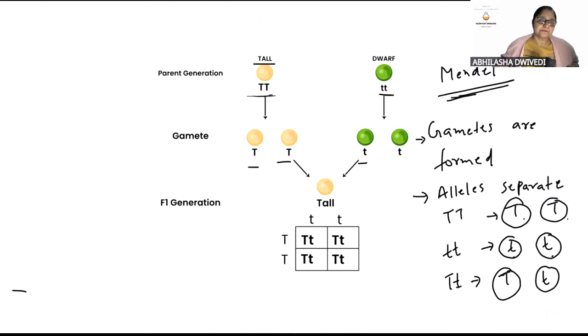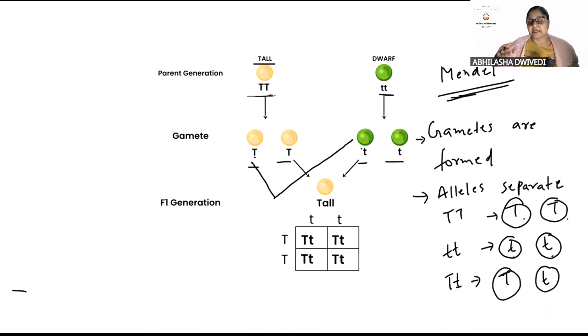So what do we do when gametes are ready? We cross them. When you are crossing, you can cross like this. Here is the law of independent assortment. What is the meaning of independent assortment? That this one is dominant and this one is recessive, but they will still mix with each other.